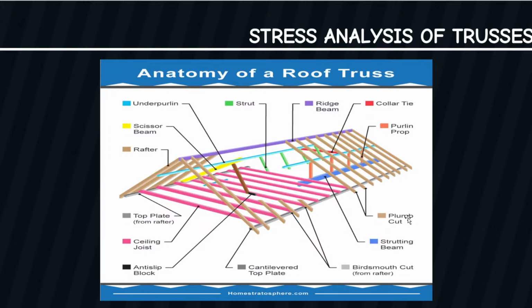There are some unfamiliar terms: rafter, underpurlin or purlin. Underpurlin is called that because it is below, but usually it is above. Then we have the ridge beam, but actually the ridge is the covering that keeps water from getting in. Then, ceiling joist, top plate.